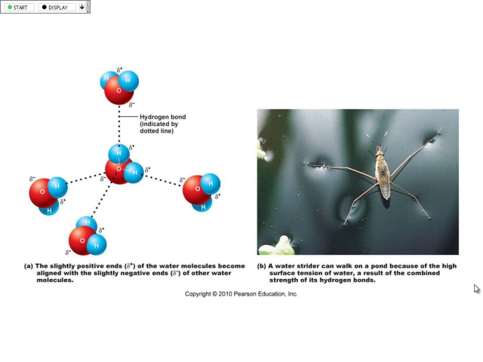Because of the surface tension created by the hydrogen bonding, that hydrogen attraction to the slightly negative end of water. Ever see one of those things? Yeah, they're fun to catch too. That's the reason they can do that, because water has a high surface tension.